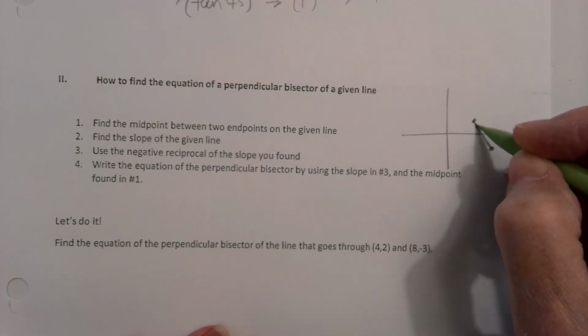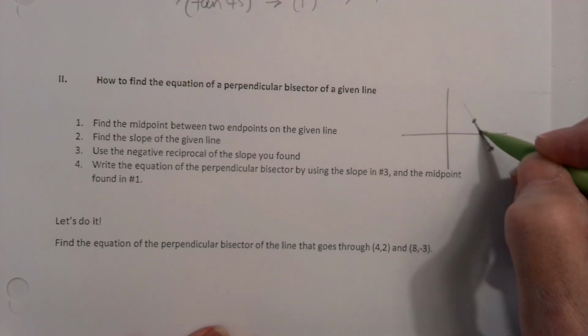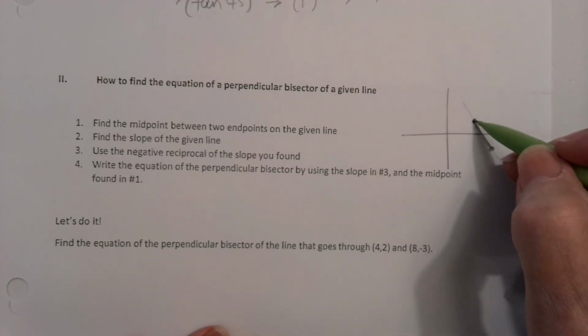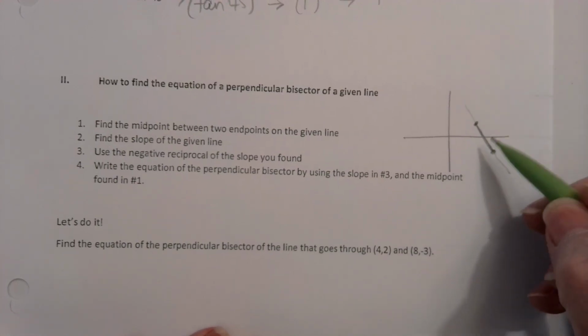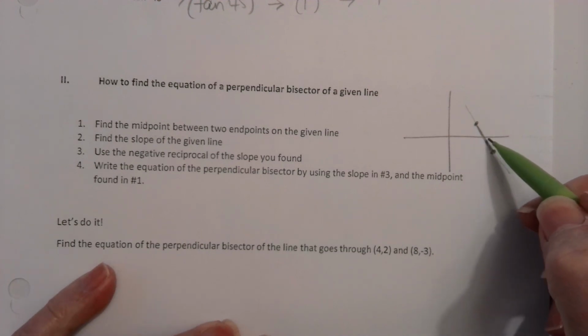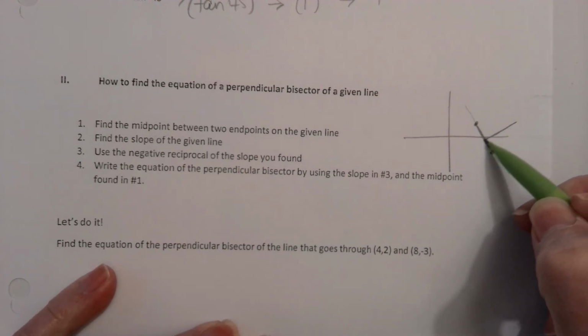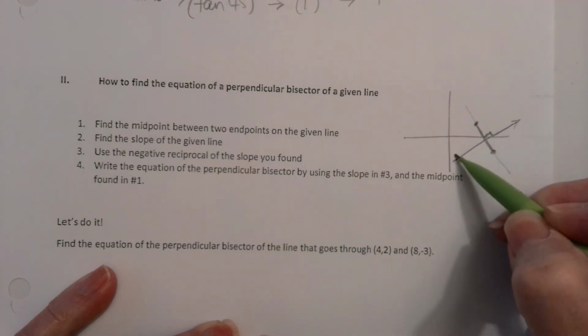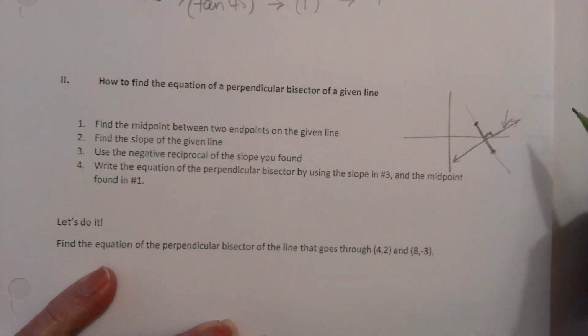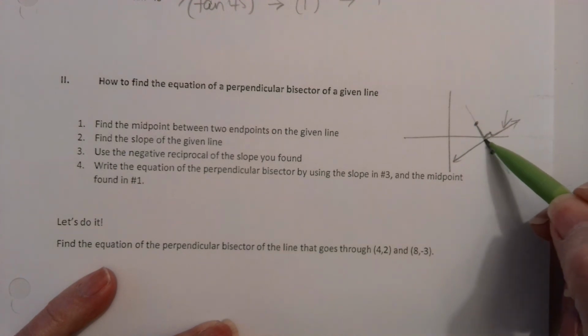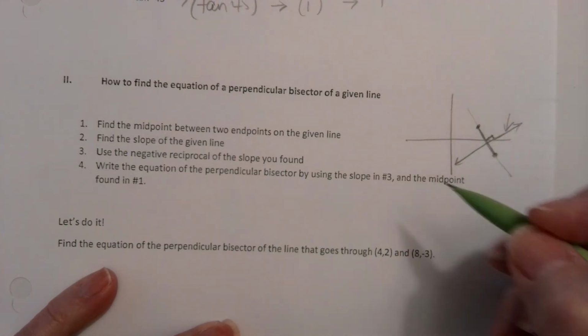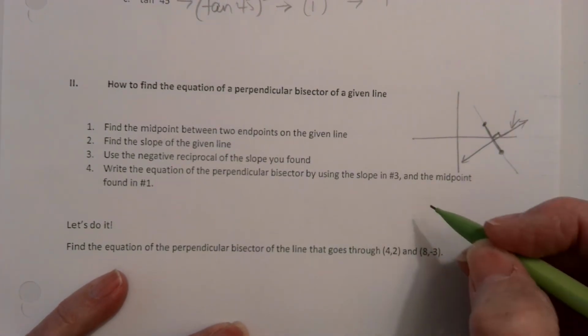I'm just going to draw it like a segment. Since it's a line, it goes through it, but I'm going to think of it as a segment. And I want to find the perpendicular line that cuts this segment right in half. Okay, so this is the line that I want. So I want the midpoint right here. So the first thing I'm going to do is get the midpoint.